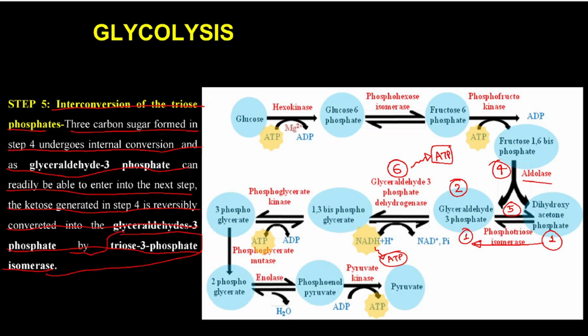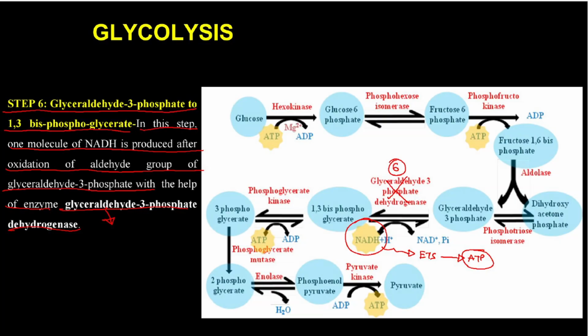So it can interconvert from glyceraldehyde 3 phosphate to dihydroxyacetone phosphate, and the same goes for dihydroxyacetone phosphate, and the enzyme involved is phosphotriose isomerase. Okay, so the ketose generated in step 4 is reversibly converted into glyceraldehyde 3 phosphate by this enzyme.